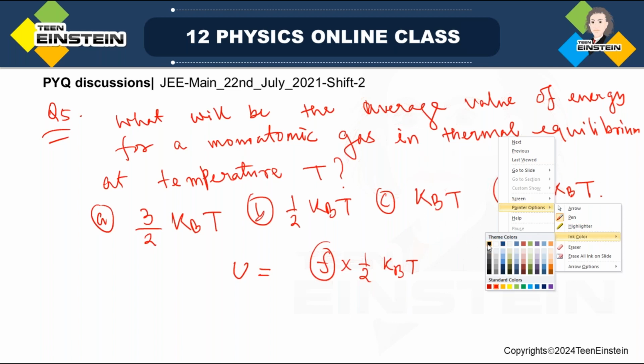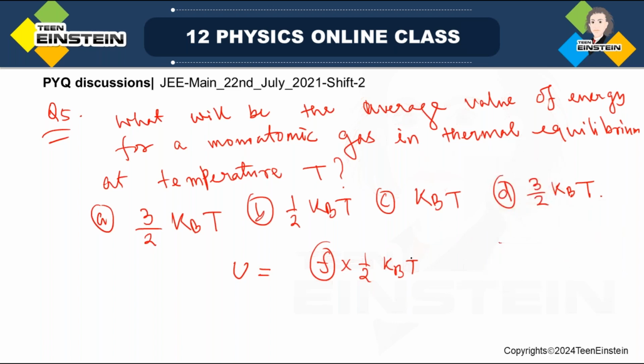This is the formula for internal energy, or average kinetic energy also you can say, at a particular temperature.